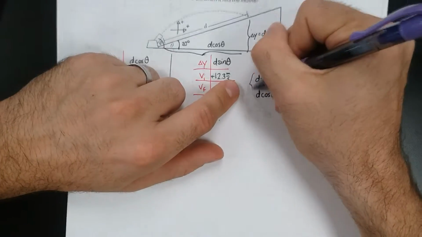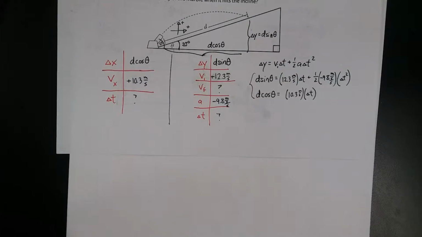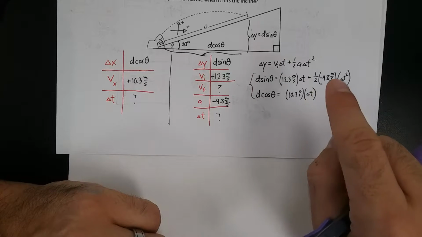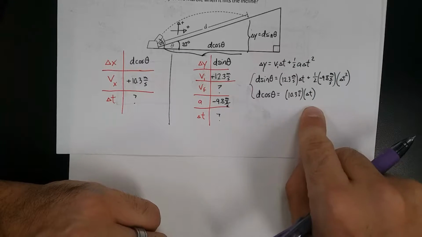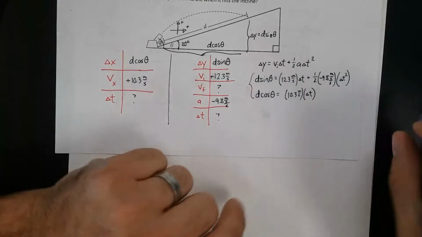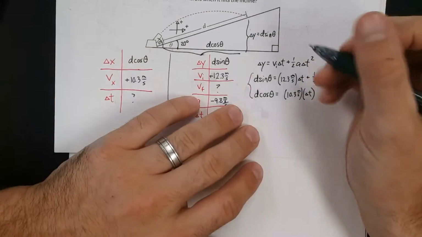Math class, two equations, two unknowns. I can solve them for each other. It's actually a little easier for me to solve for t right now. So let me go ahead and do that.